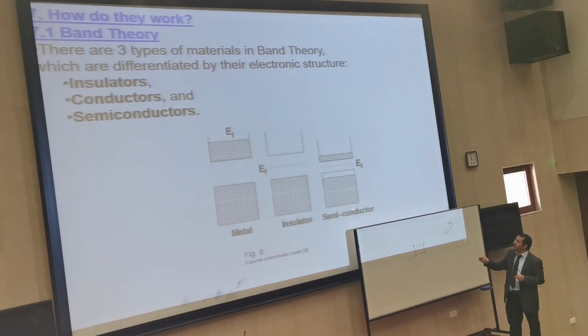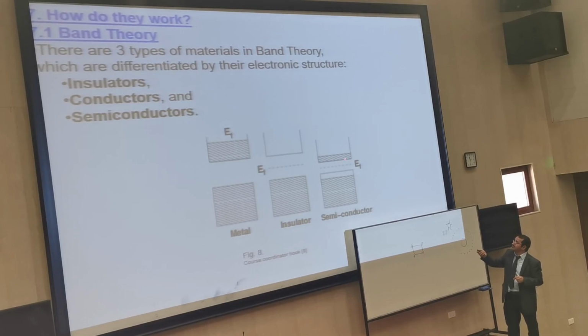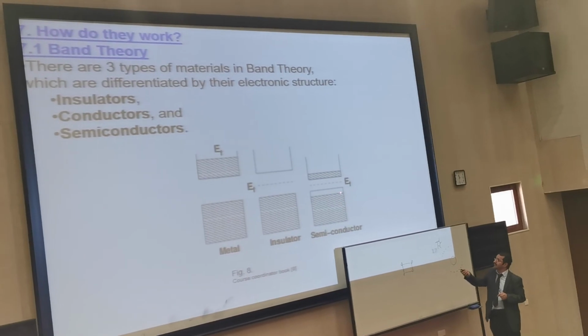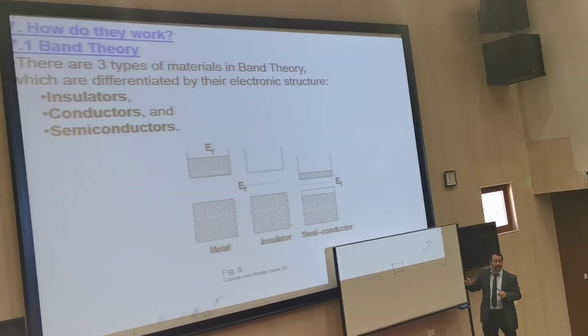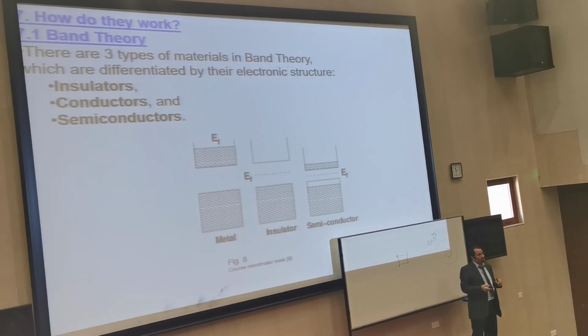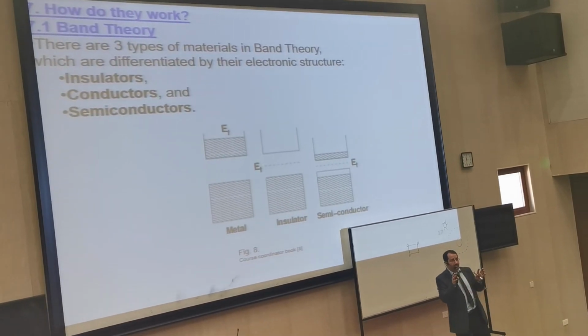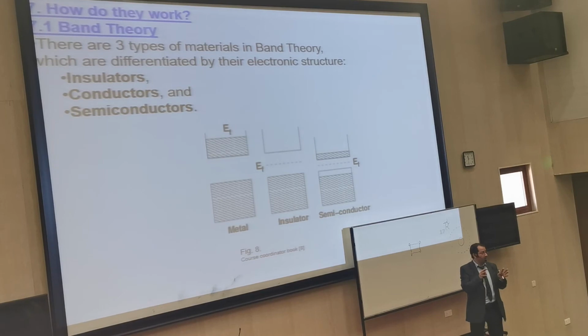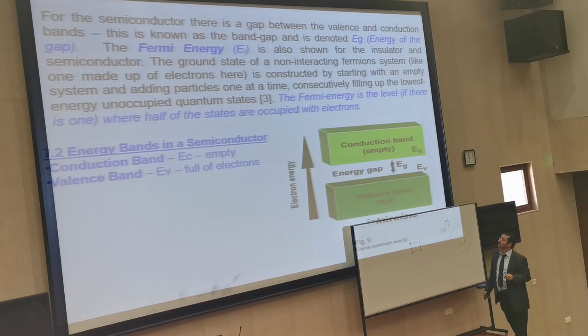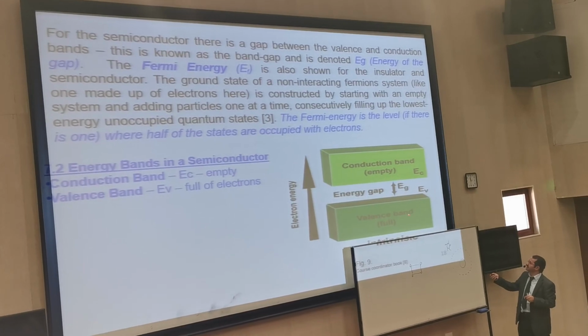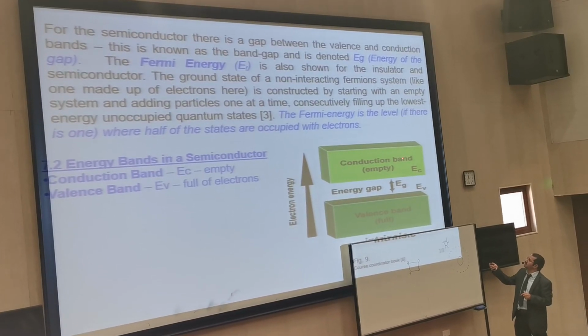While in a semiconductor, we have here few electrons compared with a conductor, and none for an insulator. But here, we have a space, which we will call later a positive charge, a hole, which is a space looking to be occupied by electrons. Okay. Now this is the valence band, and this is the conduction band.